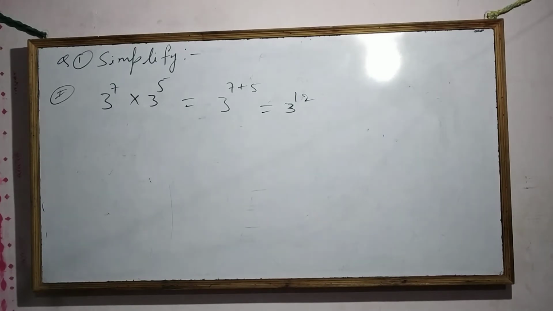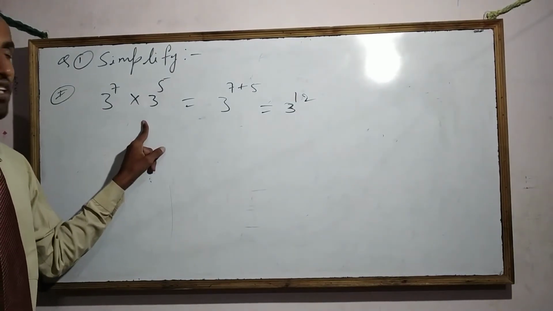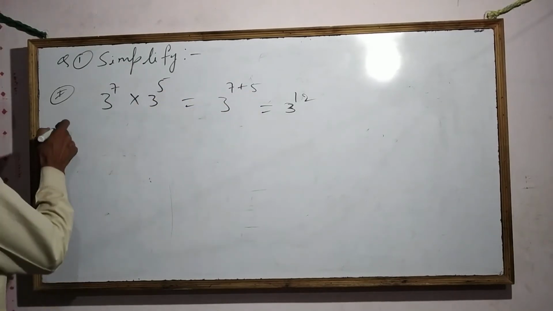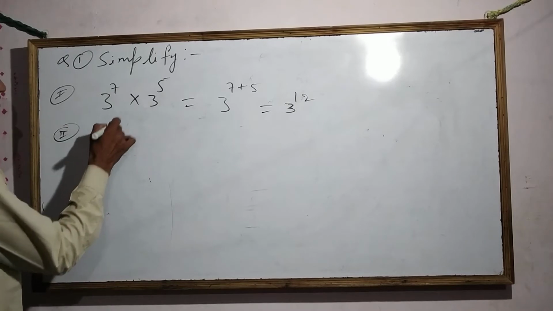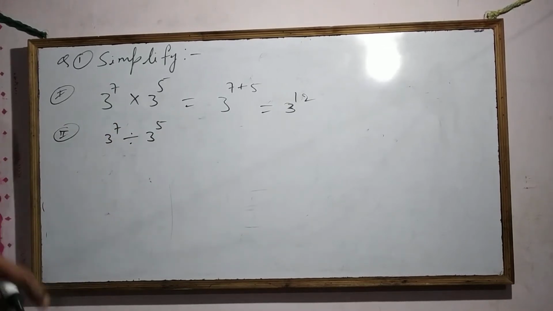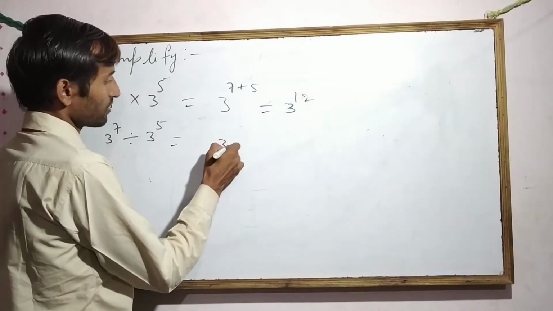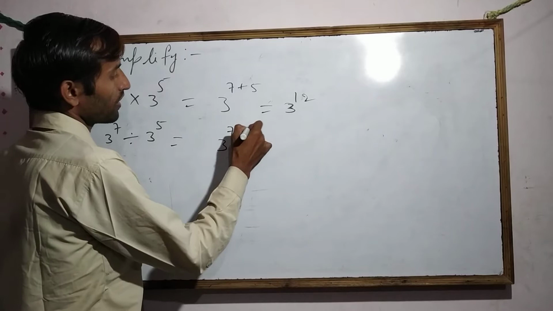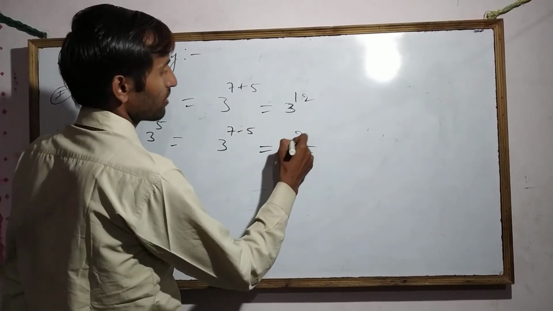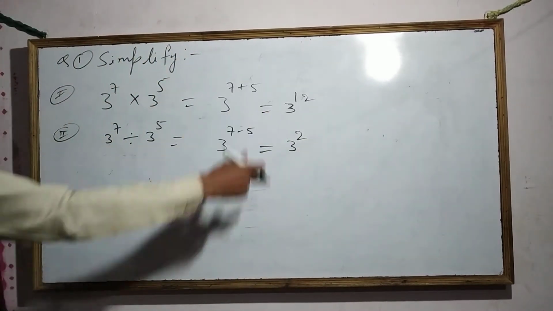I added both powers because the base is the same and multiplication is there. If the question is 3^7 divided by 3^5, in this case we subtract because division is there. 3^(7-5) will come as 3^2, which is 3 into 3. You can write the final answer in power form also.